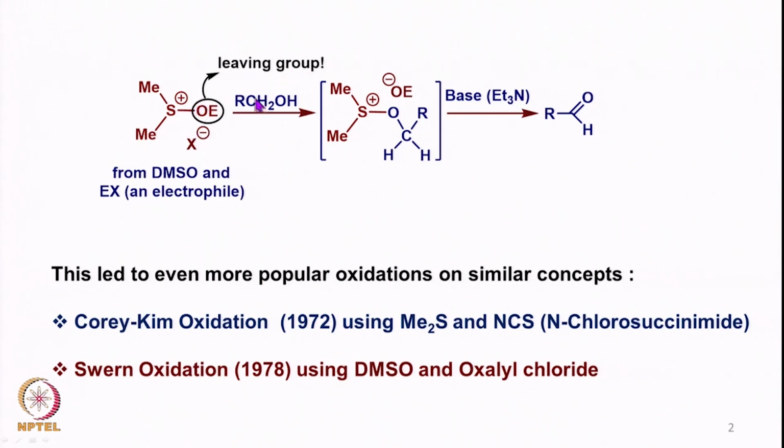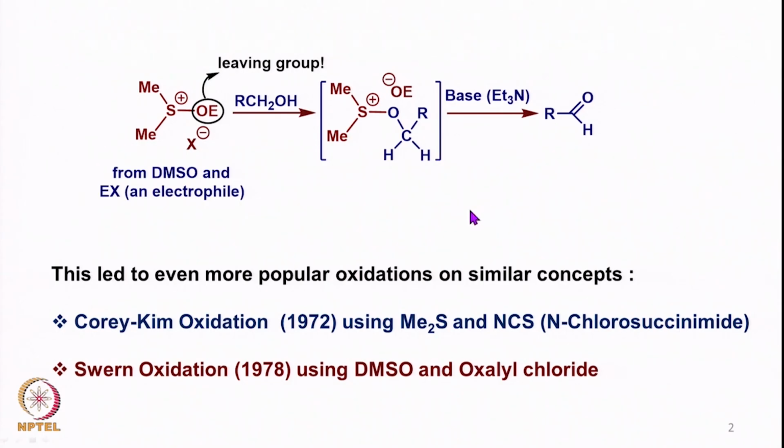The alcohol then reacts with the sulfur here, and this leaving group goes off to form this intermediate, which upon reaction with triethylamine as a base leads to the formation of aldehyde, as we discussed and as confirmed by the Torsell studies, that the hydrogen from the methyl group gets first removed as a proton and generates an anion, which then intramolecularly picks up this hydrogen, and then the oxidation takes place.